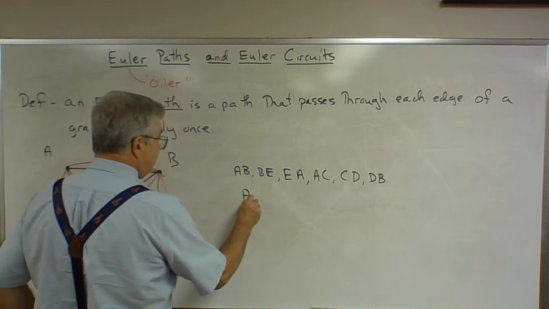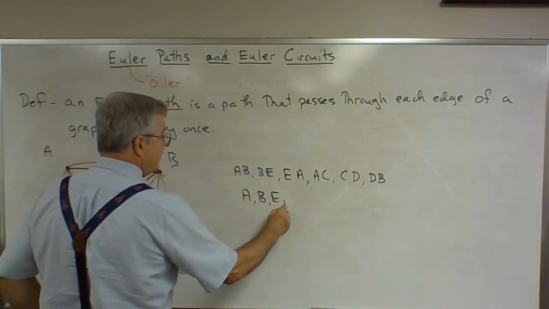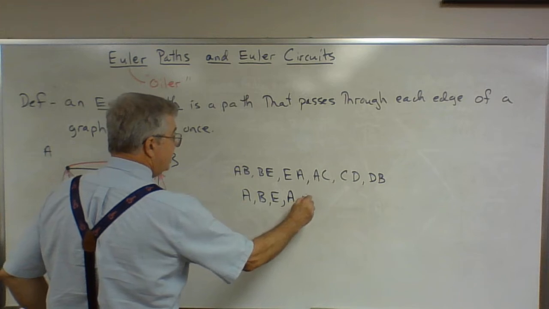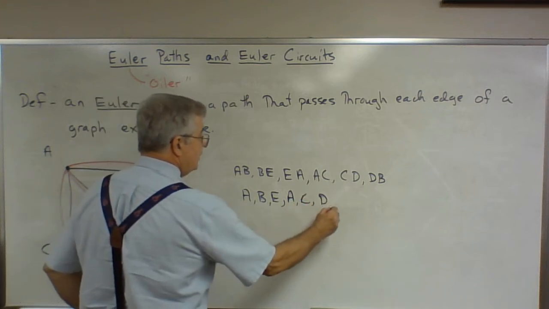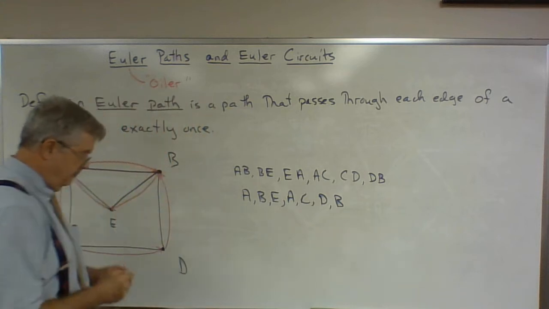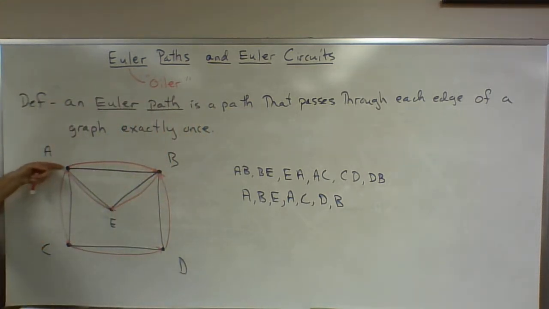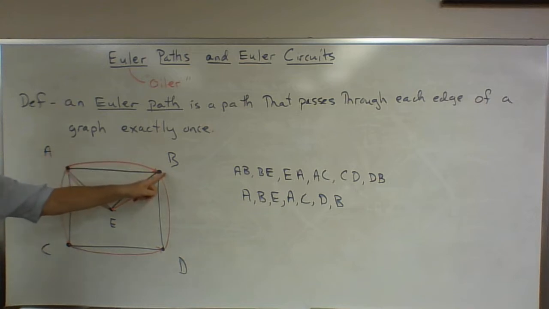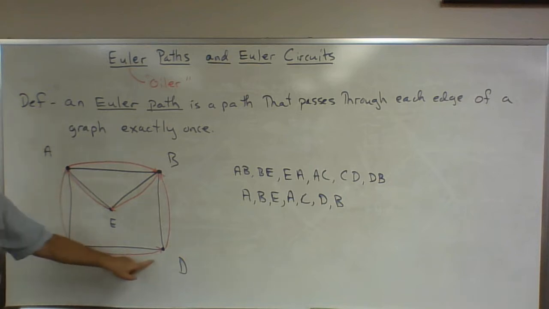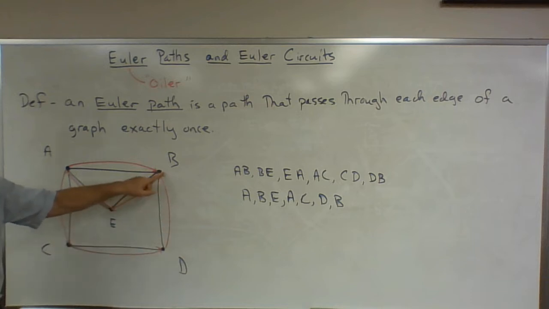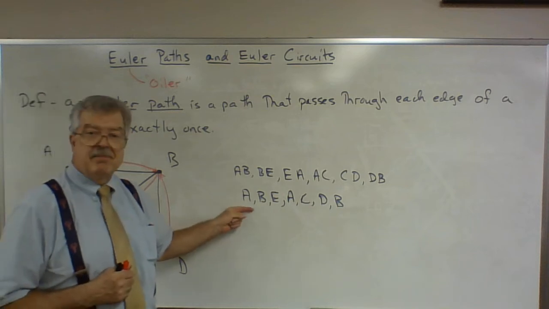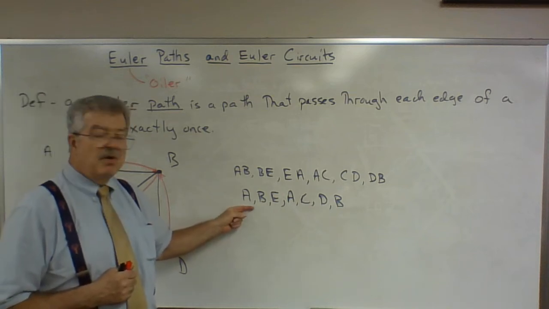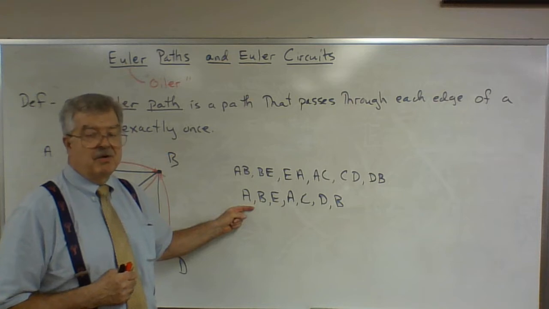We start at A, we go to B, we go to E, we go back to A, we go to C, we go to D, we go to B, and that was our Euler path. Our book may identify the path just by giving the order of vertices of the path in order of appearance.